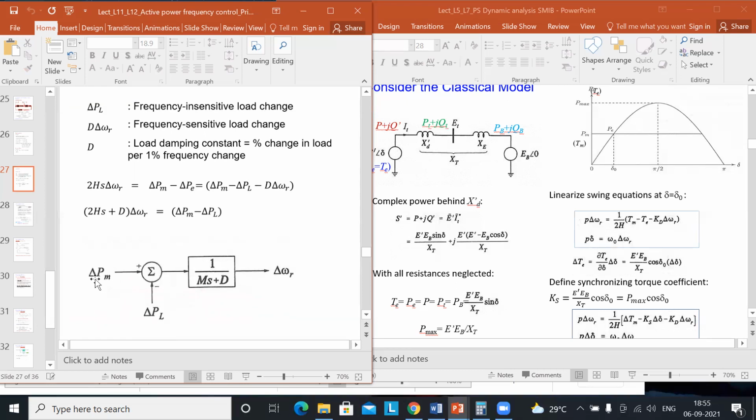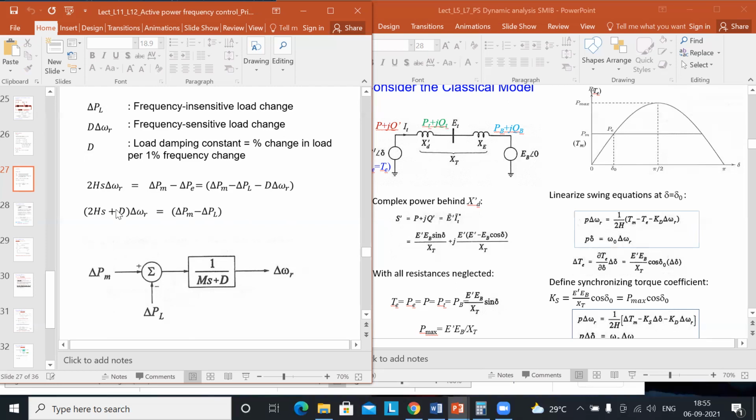This power is from your turbine side, and this power is the electrical load which is connected to the generator. The difference between the turbine power and the electrical power will result in deviation in the angular speed, depending upon this quantity.